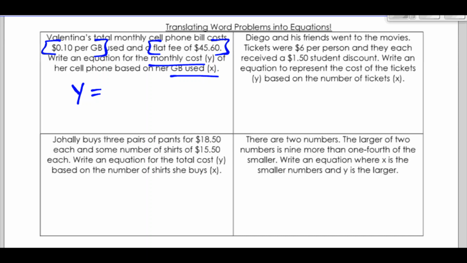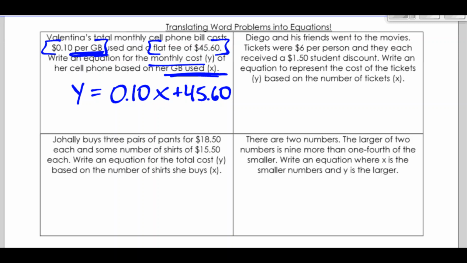It's 10 cents per gigabyte, times the number of gigabytes, which we don't know yet. That's the x. It's 10 cents times the number of gigabytes, plus that flat fee. A flat fee is just a one-time fee that we have to pay. We're paying a flat fee of $45.60. And that's it. All we have to do is translate that into an equation.